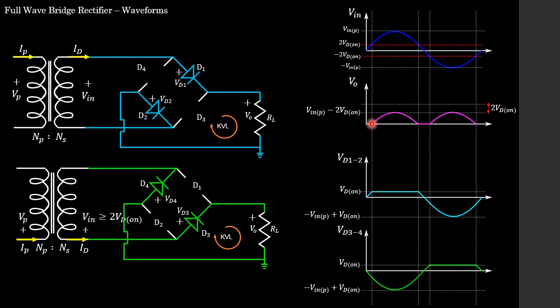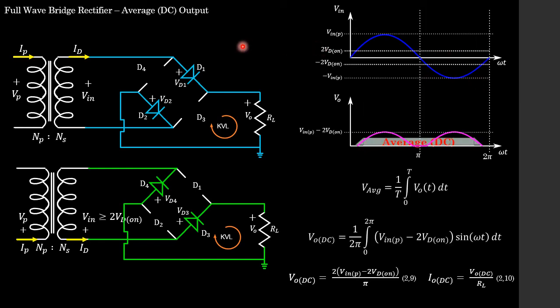However, if we look at our output voltage, it starts off here, it goes along, it ends here, and then it begins to repeat itself. And we know that as soon as it repeats itself, we are now into the next cycle. So here we can see we have one cycle and a second cycle, which means that this frequency is 2 times that of the input voltage.